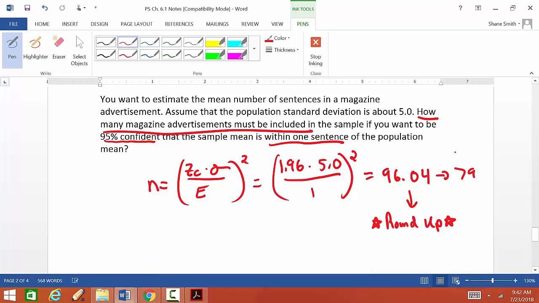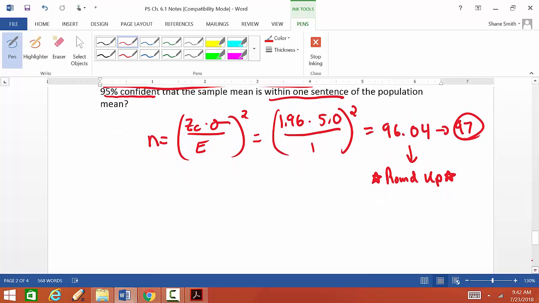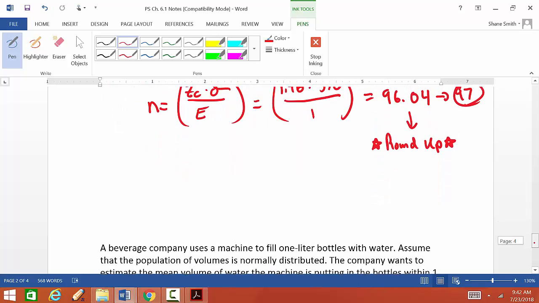So my answer is actually 97. You always round up, because if I go anything below 96.04, then it's not going to be accurate enough. It's like the problems in elementary school, where you calculate you need 5.2 gallons of paint. Does that mean you're going to buy 5 gallons of paint? No, you're going to buy 6, so you can paint the room.